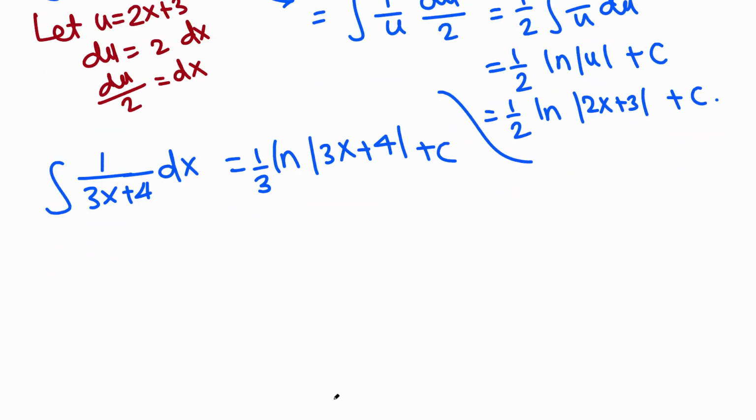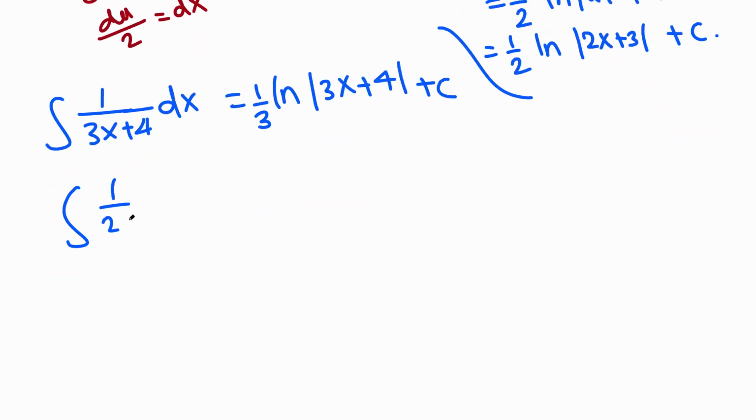And how about 1 over 2x dx? Using the same rule, it's the natural log of 2x, but the derivative of 2x is 2, so we need to divide by 2, which is the same as multiplying by 1/2.